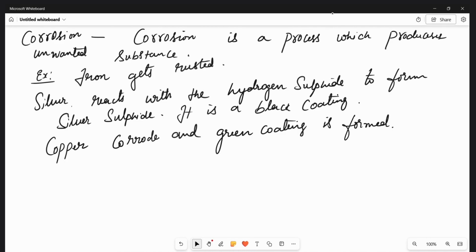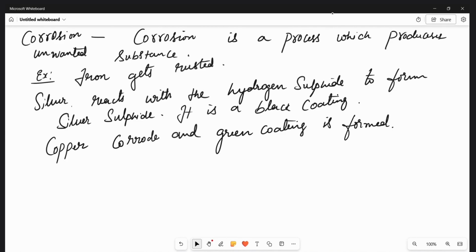A thin layer of zinc is coated on the iron, and we call it galvanization. Even that helps in the prevention of rust or corrosion. What other methods can we use? Painting, greasing, galvanization.